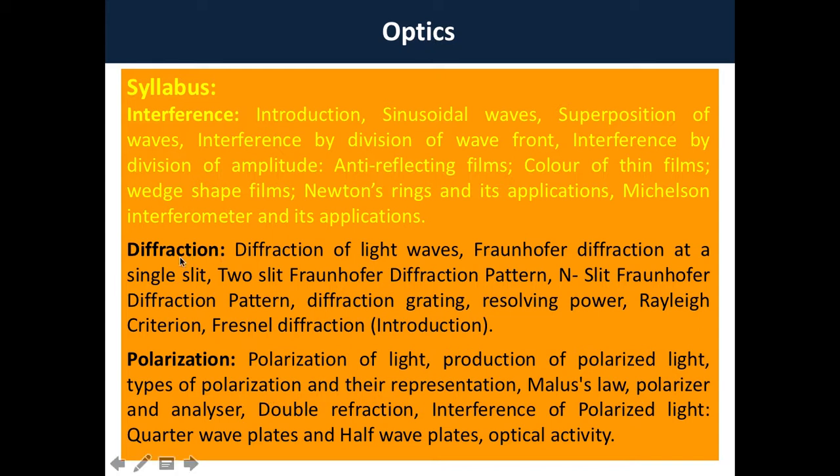So let's start with diffraction. In diffraction you will learn the diffraction of light waves, Fraunhofer diffraction at a single slit, two slit and n slit, diffraction grating, resolving power, Rayleigh criterion and Fresnel diffraction.